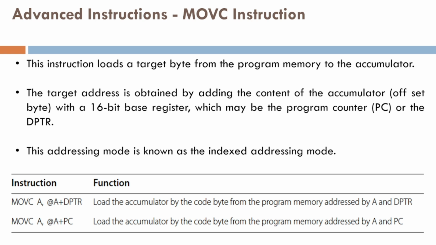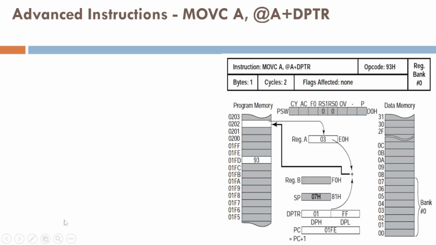Similarly, the next instruction is very similar: the present content of the accumulator gets added to the program counter, and then it becomes the address of the target byte. Fine. Now let's have a look at the example.